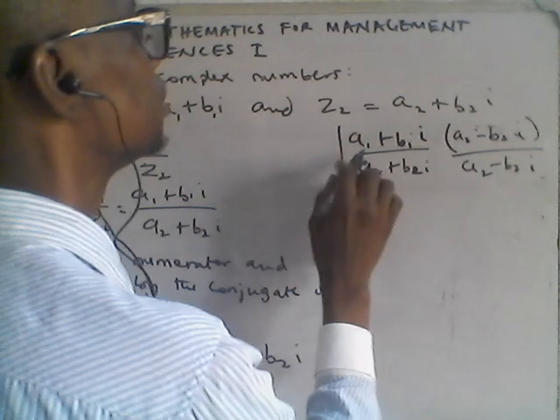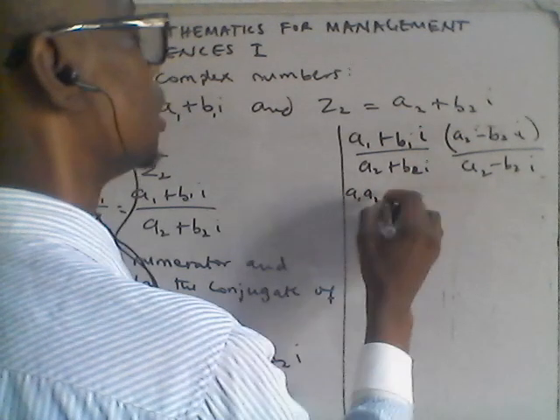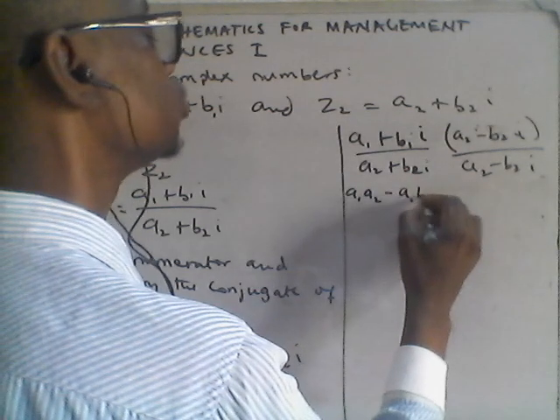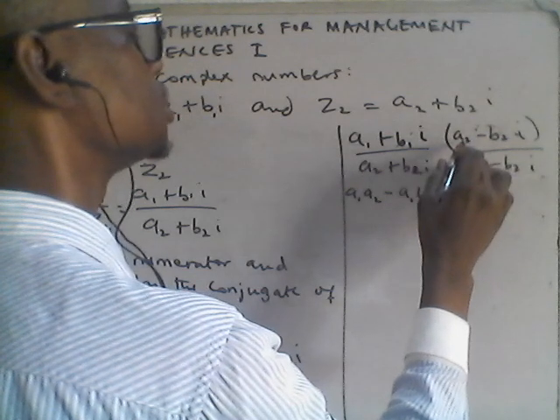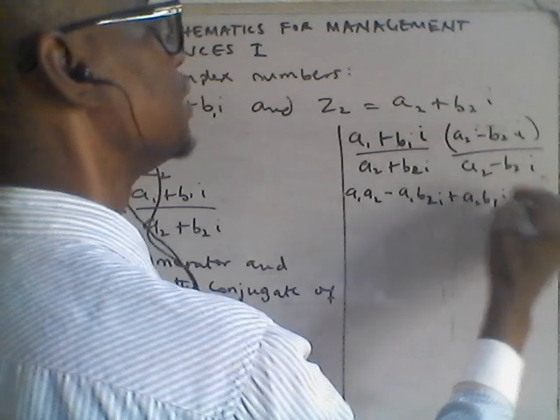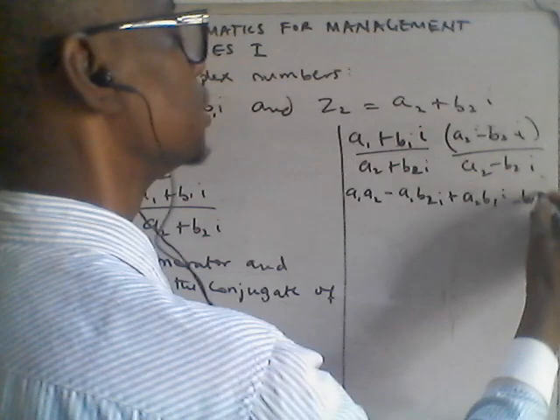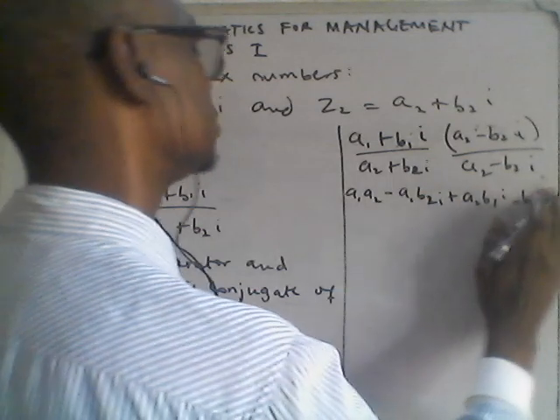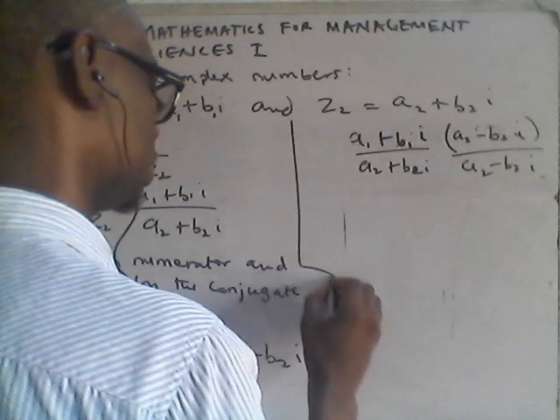So I say here, A1 times A2 is A1A2. Let me take this off, because I want us to really see what I'm doing here.